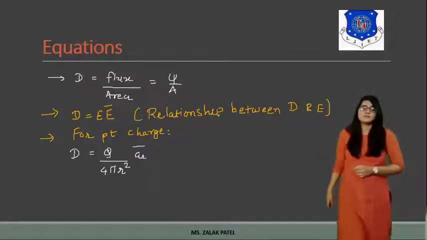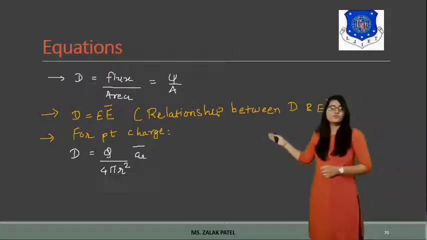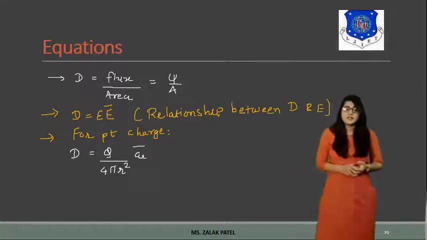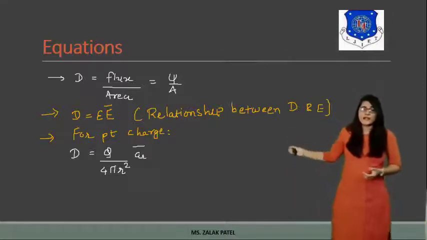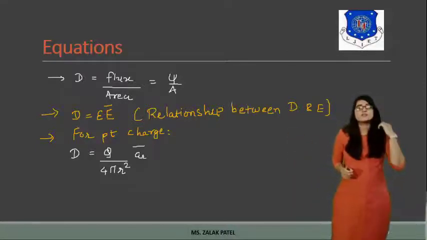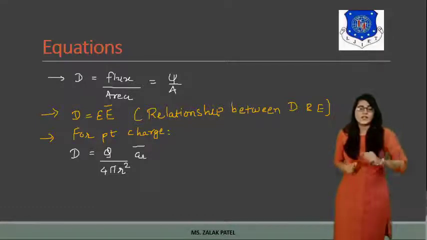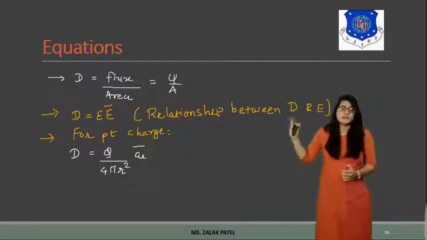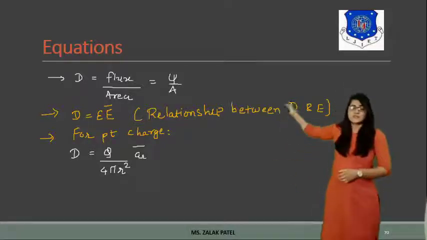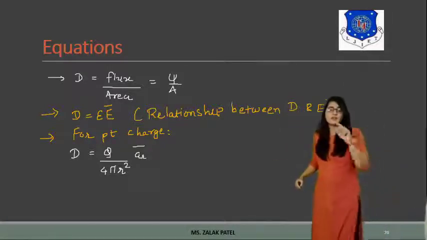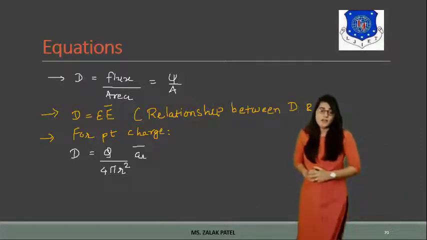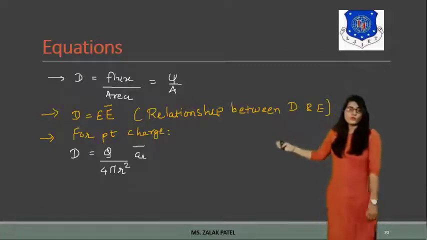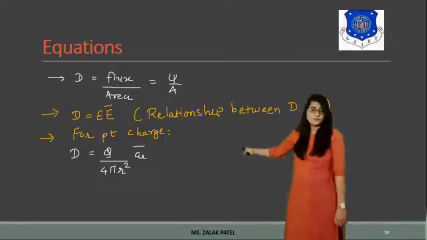It can be like this: D equal to Q upon 4 pi R square AR bar. If you remember, the equation for E for the point charge is Q upon 4 pi epsilon 0 R square AR bar. Here epsilon 0 is in multiplication, so it will cancel out, and the remaining part is obviously D equal to Q upon 4 pi R square AR bar.